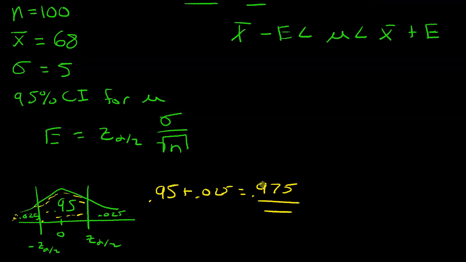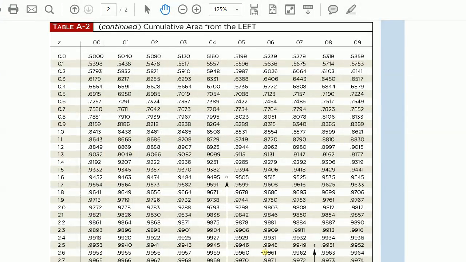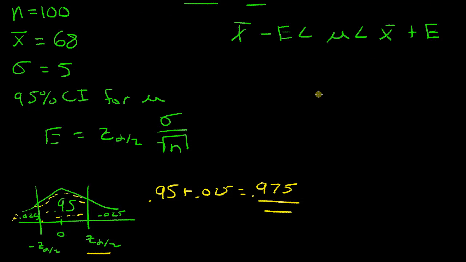So I have to look in my table to find the Z value which has an area behind it of 0.975. Okay, there it is, 1.96. So Z alpha divided by 2 is 1.96.